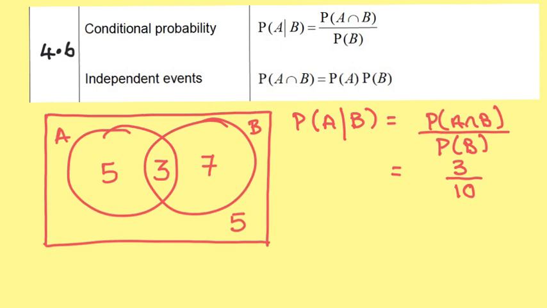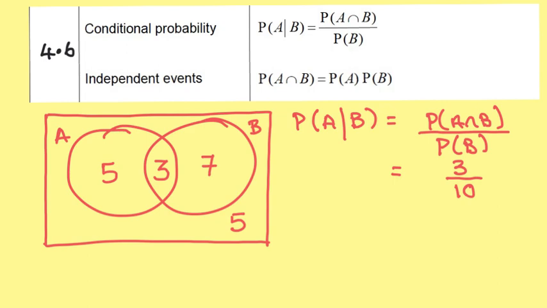The sixth of the probability formulas is to do with independent events, and it states that the probability of A intersection B is equal to the probability of A times the probability of B. Well, independent events are events that do not affect each other.